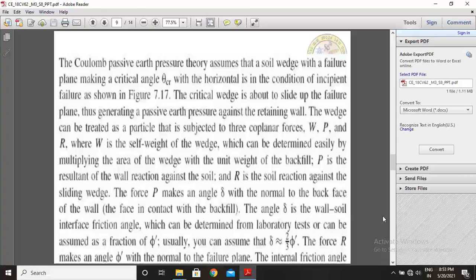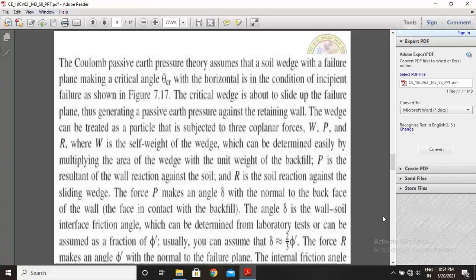The wedge can be treated as a particle that is subjected to three coplanar forces W, P and R, where W is the self weight of the wedge, which can be determined easily by multiplying the area of the wedge with the unit weight of the backfill. P is the resultant of the wall reaction against the soil, and R is the soil reaction against the sliding wedge.